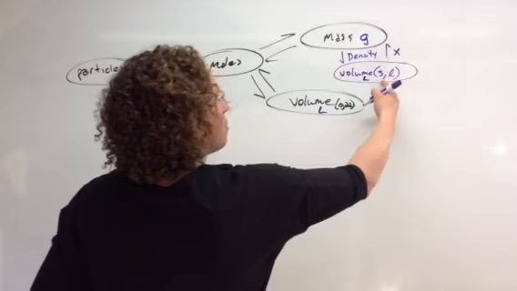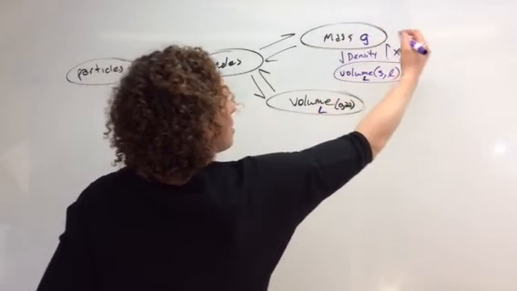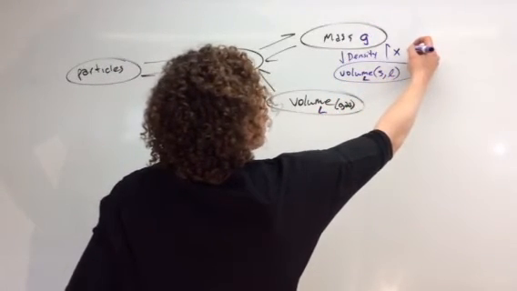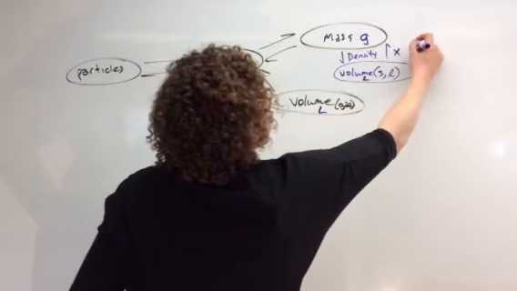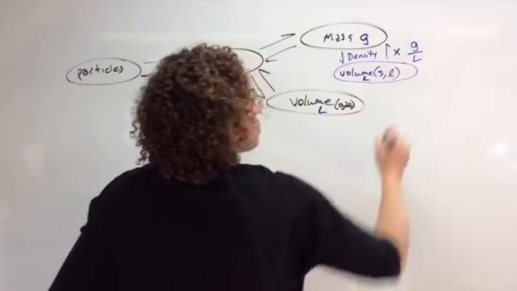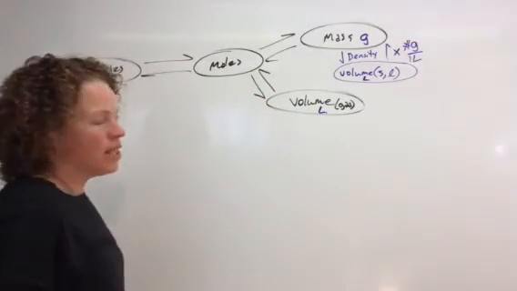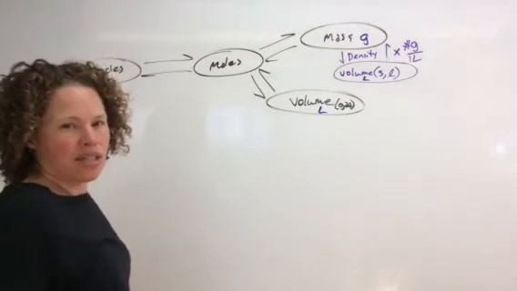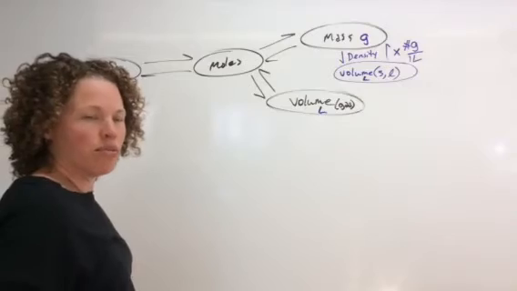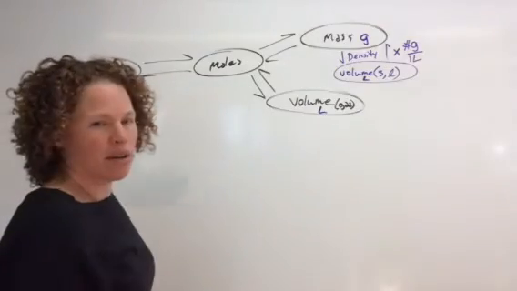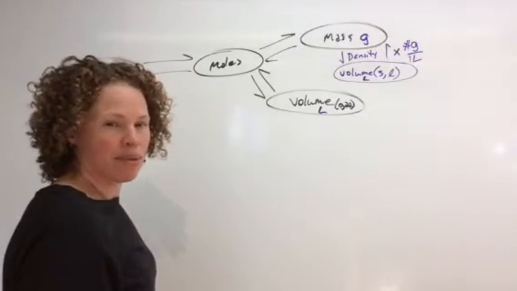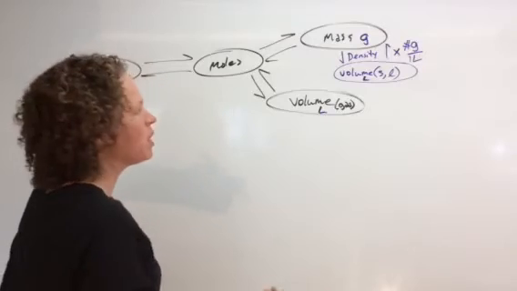So if I've got the volume and I want to go to the mass, then I'm going to multiply by grams per liter. So the number is with the grams per 1 liter, right? So that's how density is expressed in grams per liter. So if you multiply a volume by grams per liter, you're going to get the grams. Makes sense? The grams are on top.